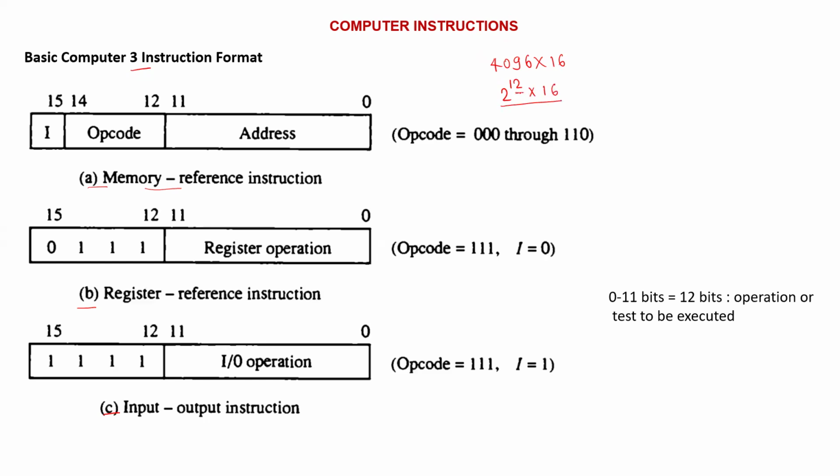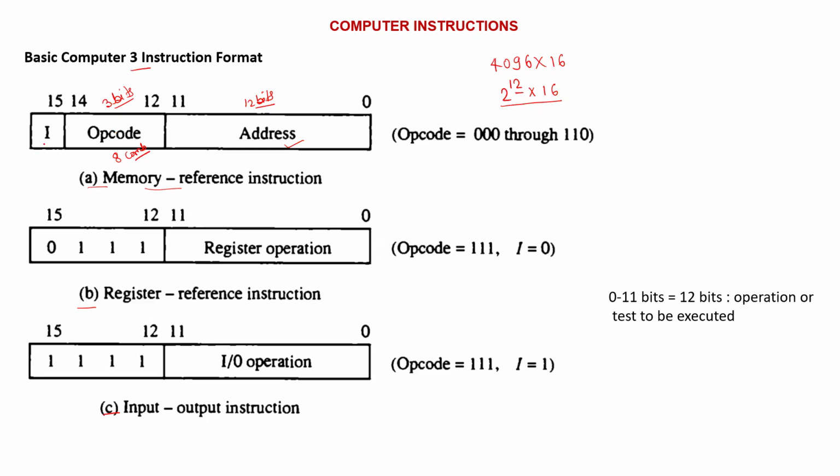Here a 12-bit address is required. That's why 12 bits are given for the address and 3 bits are given for the opcode. It is going to decide which type of micro operation will be performed. With the help of 3 bits, we have a total of 8 combinations, so 8 different micro operations can be represented here.